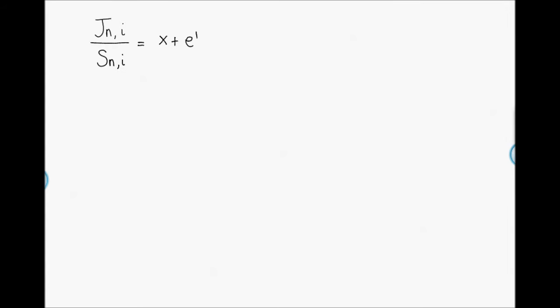Well, if we now substitute in this expression the expression for the moment of inertia Jni and the static moment Sni, we obtain a third-order equation from which we are able to calculate the neutral axis position. The third-order equation is this one.